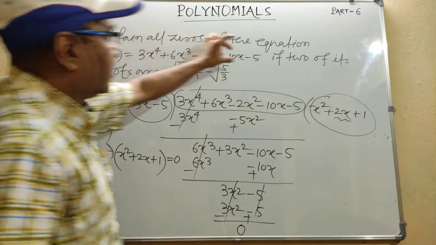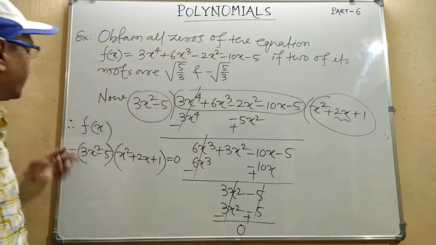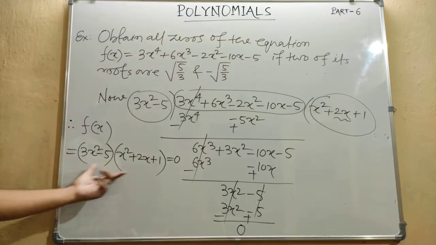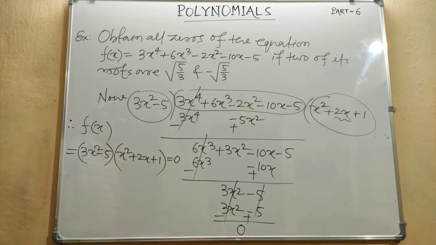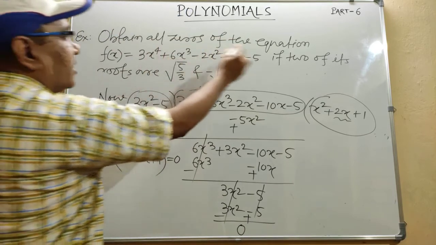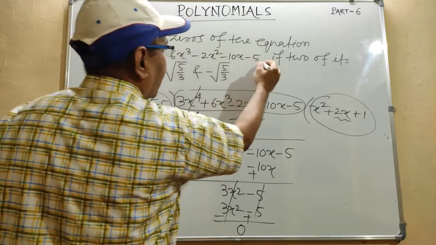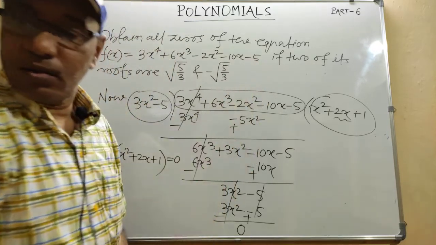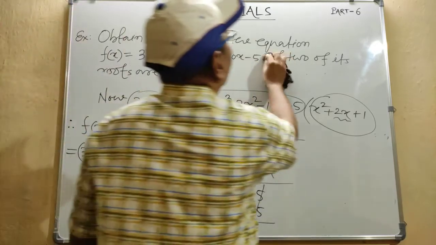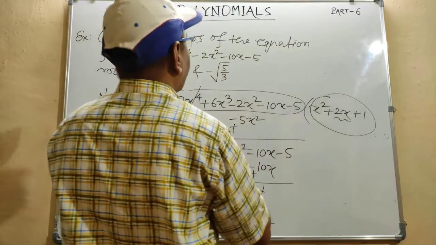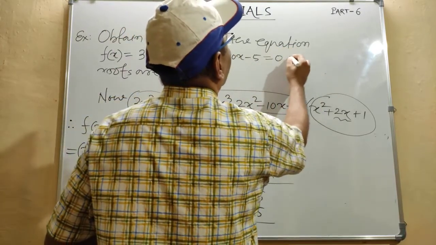This polynomial can be written like this. To obtain all the zeros of the equation, you write it equal to 0.